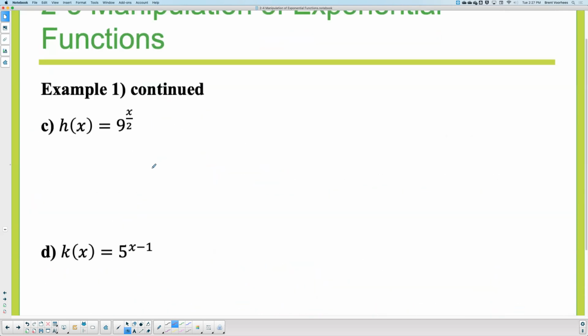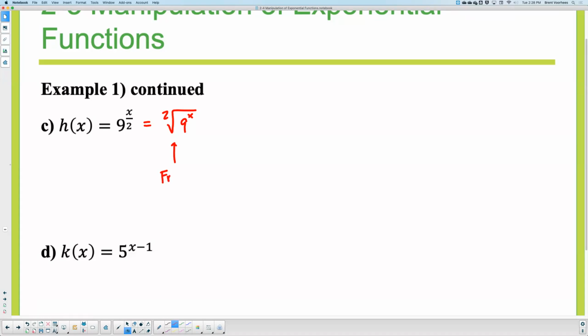All right, so let's start with this one. We're going to say this is the same thing as the square root of 9 to the power of x, like this. Now, which rule was that?